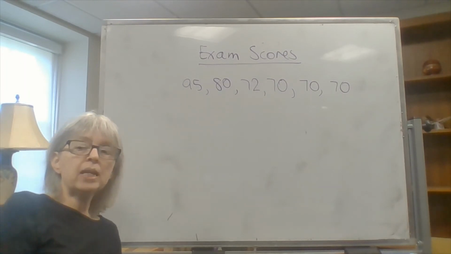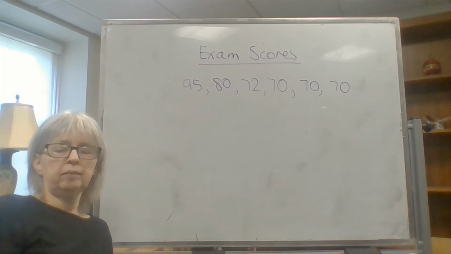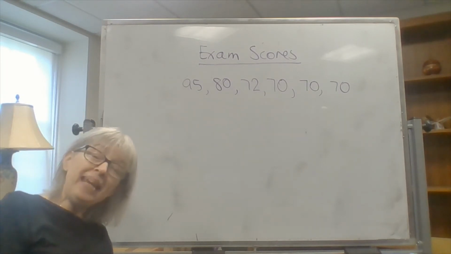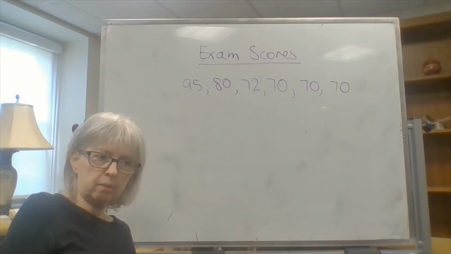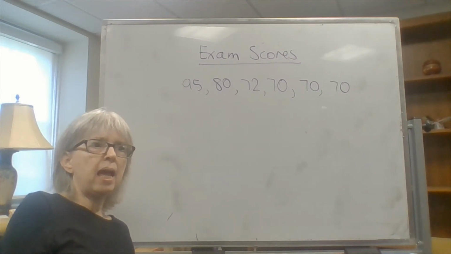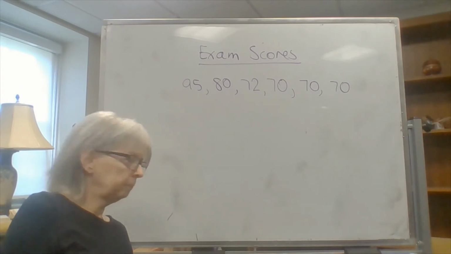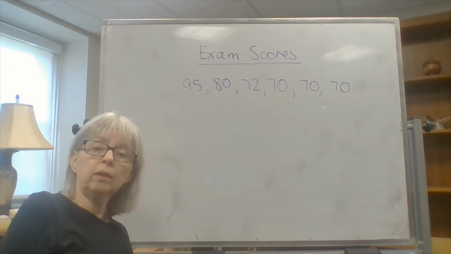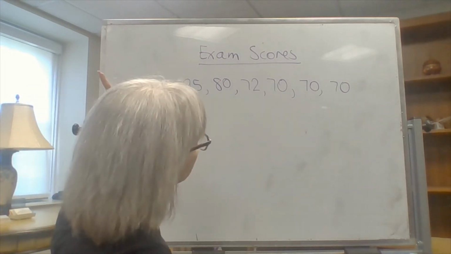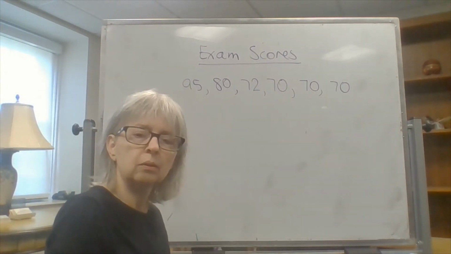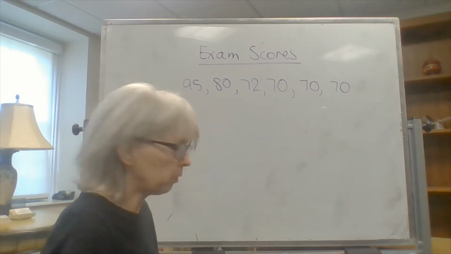Mode is about a number that appears the most often. Median is about the number of numbers. And mean is about the size of all the numbers. Now I have these in descending order. I probably want to put them in ascending order.